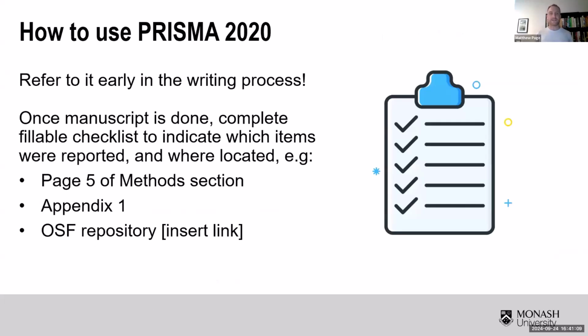Now, again, how to use PRISMA 2020, similar to what Paul said, essentially how to use any reporting guideline, is that I really encourage people to refer to these documents much earlier in the writing process. I think the standard process is that people first become familiar with a reporting guideline like PRISMA when they're submitting an article for publication, and Editorial Manager prompts them to upload a reporting guideline checklist.